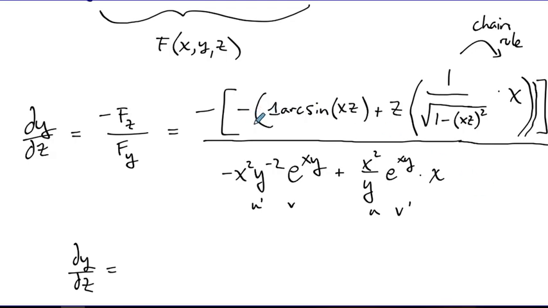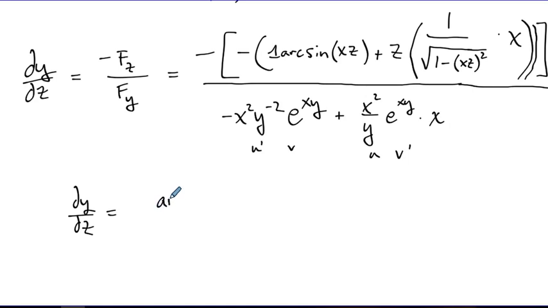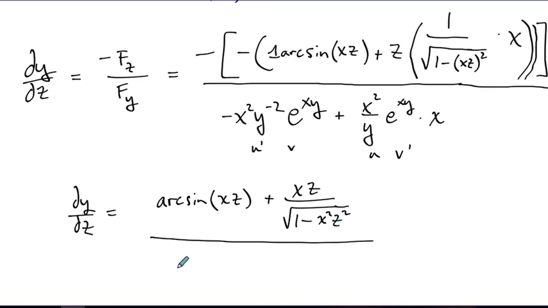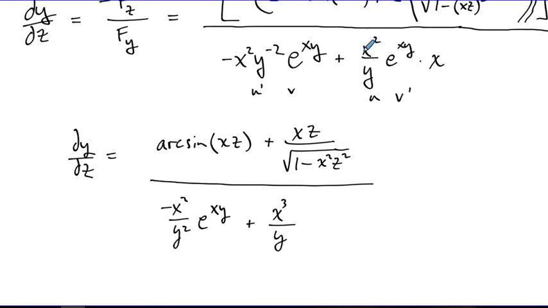But since that negative was applied to everything in the product rule, which was everything in the numerator, that negative can cancel with that negative, and we're left with arc sine xz plus the xz factors divided by the square root of 1 minus, let's say, x squared z squared. And then here I've got an x squared times an x, which gives me an x cubed.